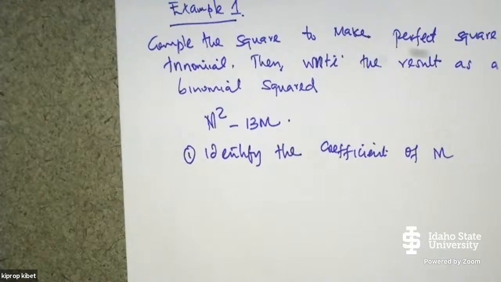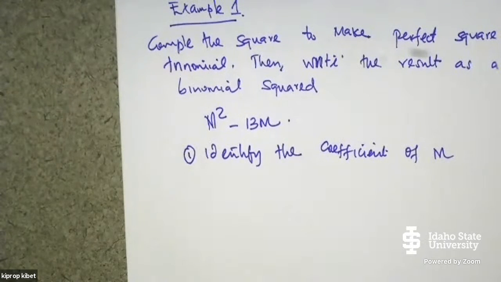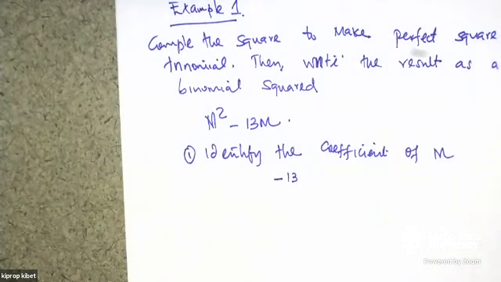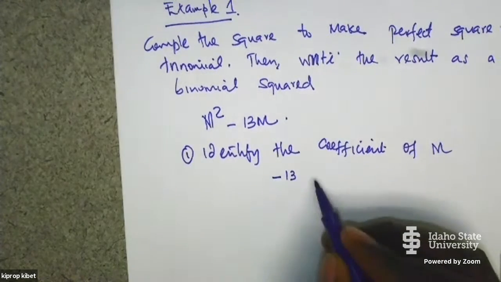So what is the coefficient of m? Negative 13. So the coefficient of m is negative 13. Then we do what?